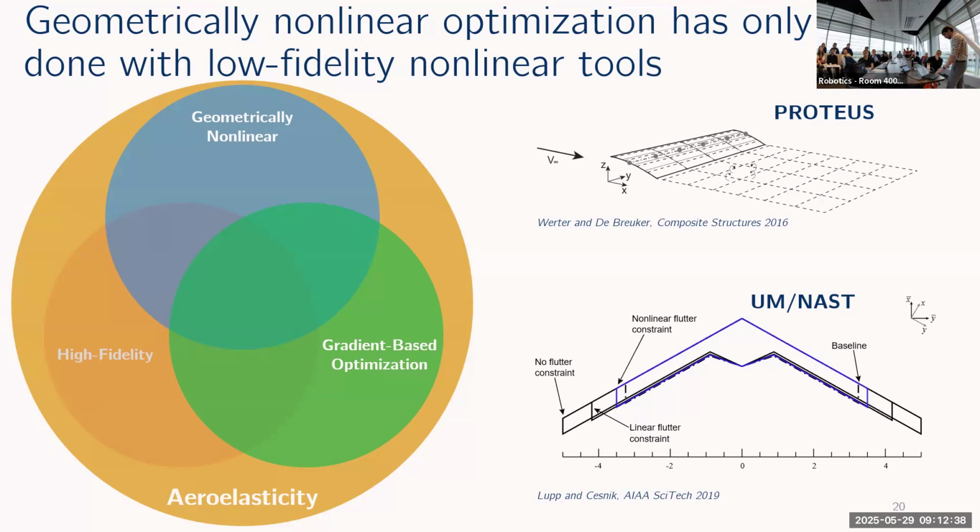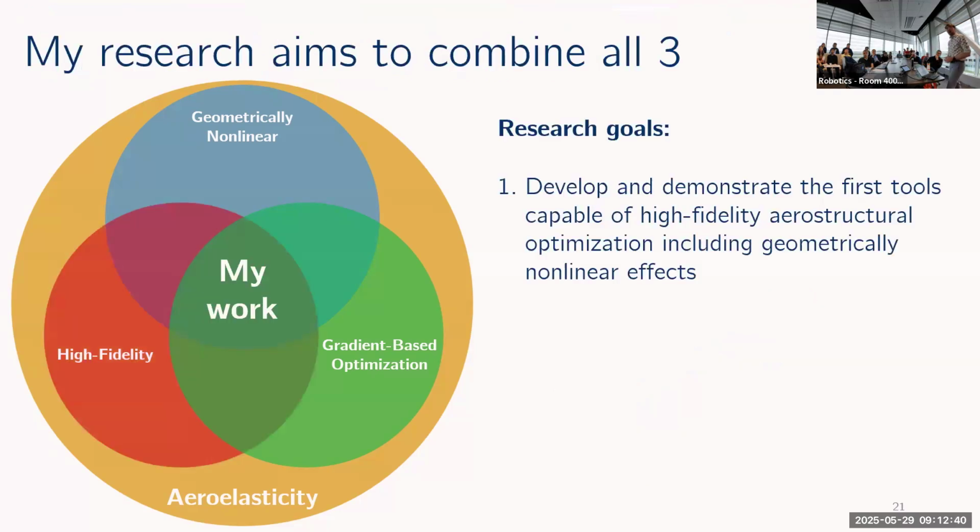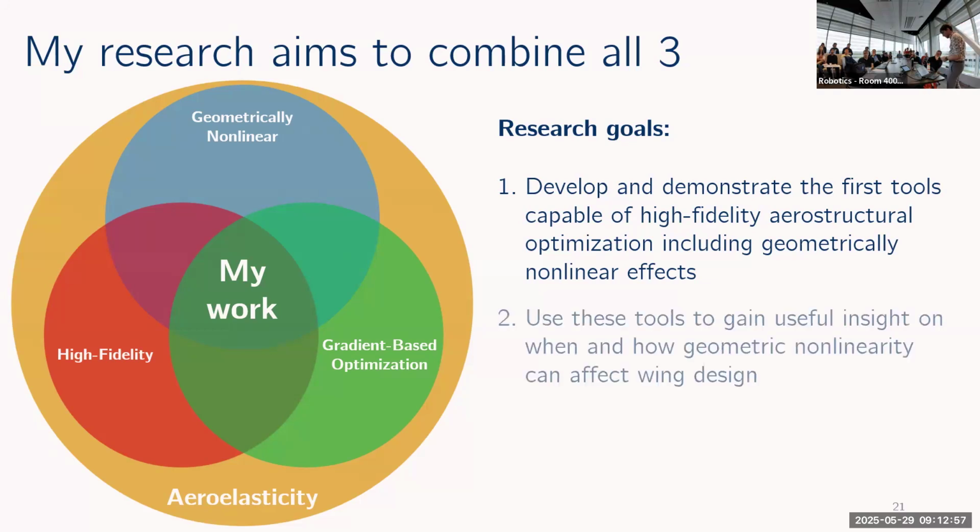So the aim of my dissertation is, first of all, to develop and demonstrate for the first time tools that can do high fidelity aerostructural optimization considering geometrically nonlinear effects. And then secondly, to actually use those tools and try to figure out when and how we need to worry about geometrically nonlinear effects in wing design.